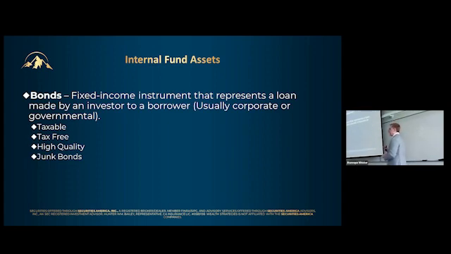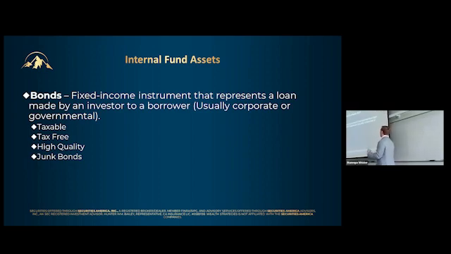Junk bonds, we'll get into the specifics of what this means later, but essentially junk bonds are anything below what's called investment grade debt, which means there's a higher and higher chance of those debtors defaulting on their loans and not paying back. But because of that risk you're taking, they will generally pay a much higher interest rate. High quality is investment grade and above.